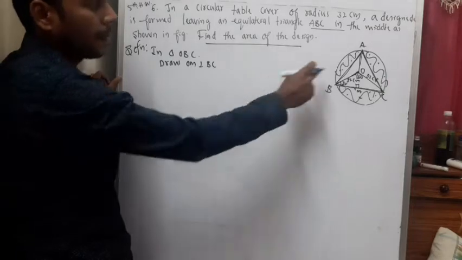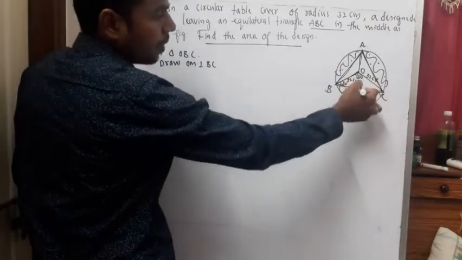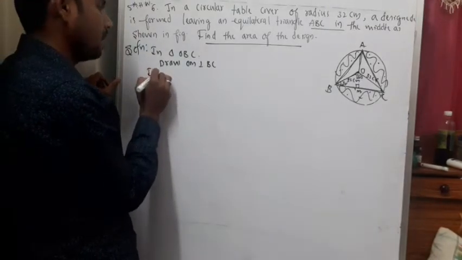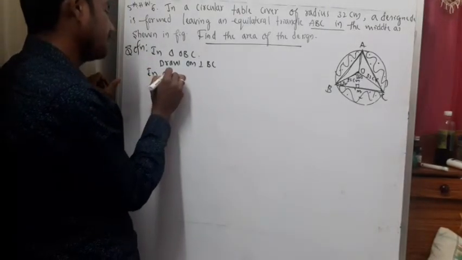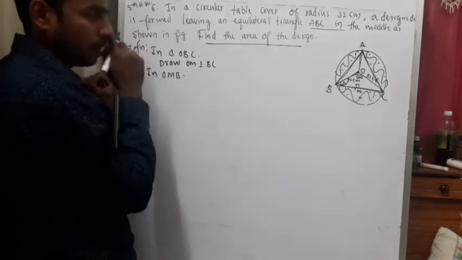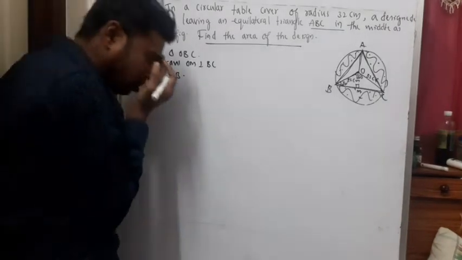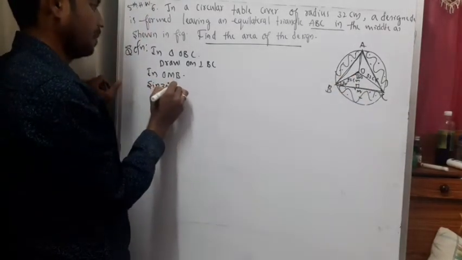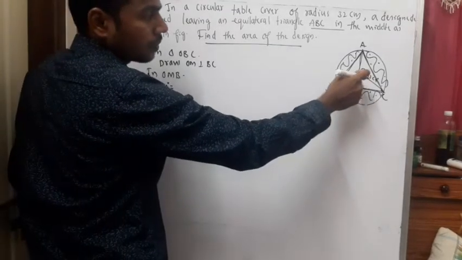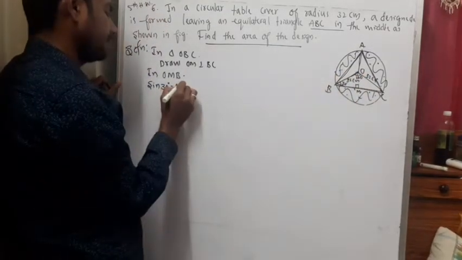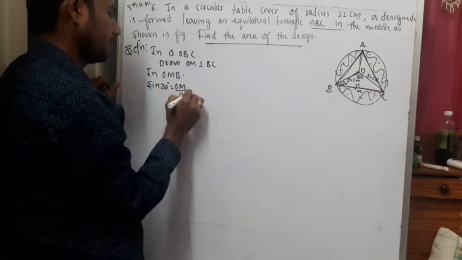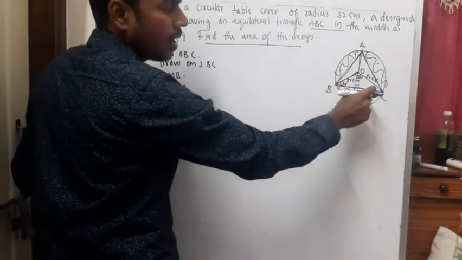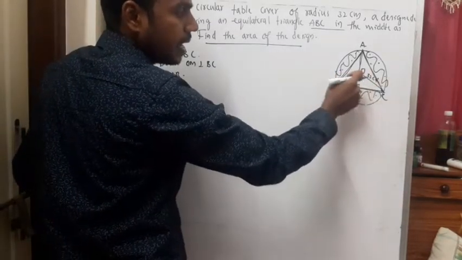OM is perpendicular to BC. Now, in triangle OMB, sin 30 is equal to OM divided by OB. Why am I calculating this? Because it is the area of the sector minus the area of this triangle.